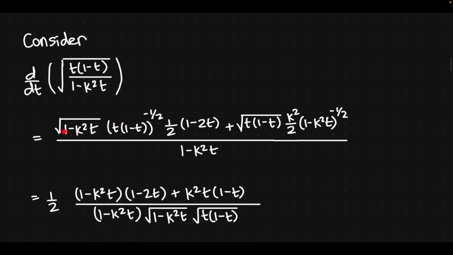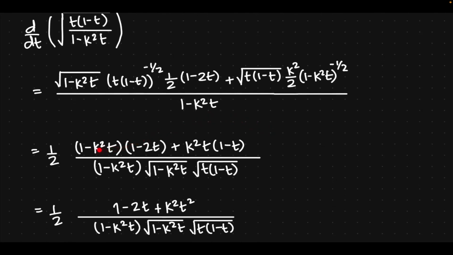So we have square root of (1 minus k squared t) times [t times (1 minus t)] to the minus 1 half power, 1 half times (1 minus 2t), plus square root of t times (1 minus t) times k squared over 2 times (1 minus k squared t) to the minus 1 half, divided by (1 minus k squared t).